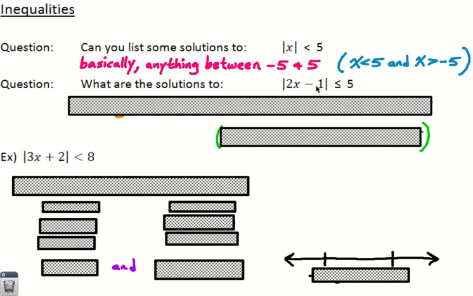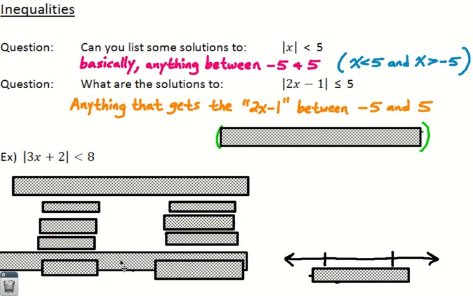And once again, isolating the absolute value is going to be important. So here, it's isolated. So this 2x minus 1 quantity needs to be less than or equal to 5, but at the same time greater than or equal to negative 5.